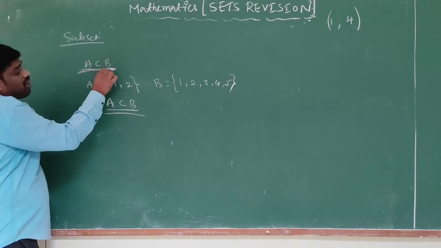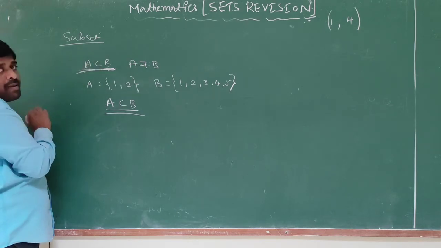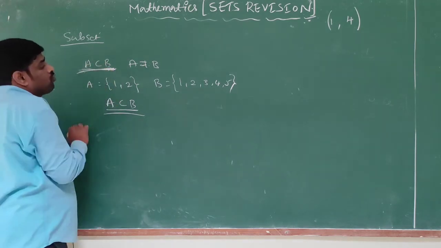A is a subset of B, but A is not equal to B. Here A is called a proper subset, and B is called a superset.